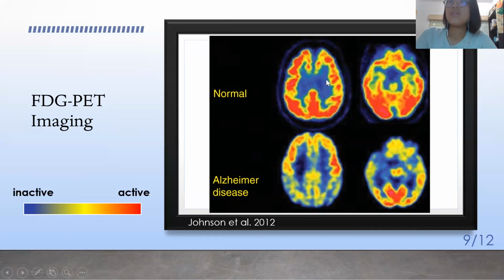And in this picture, we can see in the brain of a normal person, the FDG is activated, shown in red. But in the brain of an Alzheimer's patient, the FDG is inactivated.